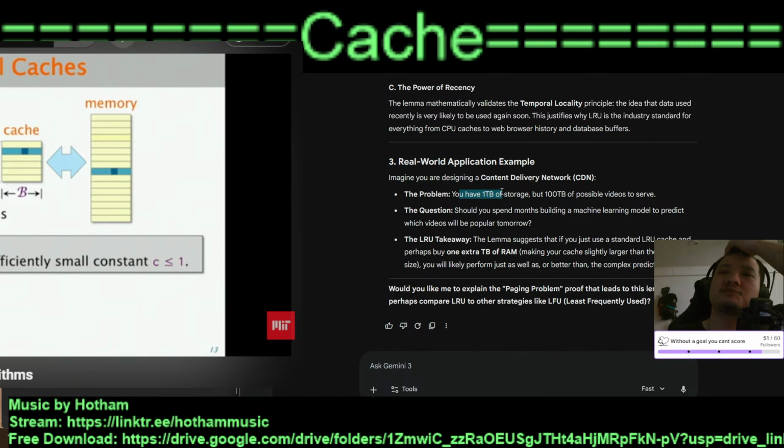You have 1 TB of storage but 100 TB of possible video to serve. You spent months building a machine learning model to predict which video will be popular now, tomorrow. The lemma suggests that you just use a standard LRU cache and perhaps buy 1 extra TB of RAM.